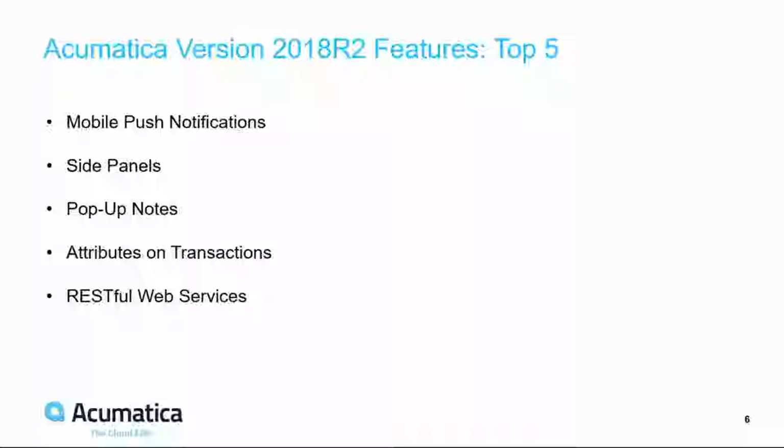The 5 different areas that we're going to look at today are mobile push notifications. We're going to talk about side panels, what they are, and how you might be able to use them once upgraded. Pop-up notes, custom fields or attributes on transactional records. And then we'll just take a brief pit stop and discuss the RESTful web services that have been further developed once again in Acumatica 2018 R2.